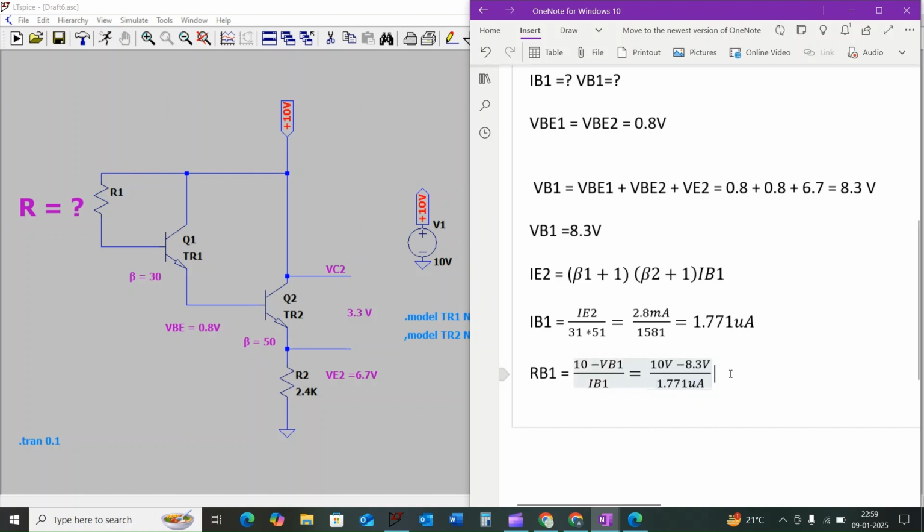When we simplify this, we get 960 kilo ohm. So we can conclude that whenever the value of resistor R1 is 960 kilo ohm, we get the output voltage as 3.3 volt across the collector to emitter terminal of the transistor Q2.